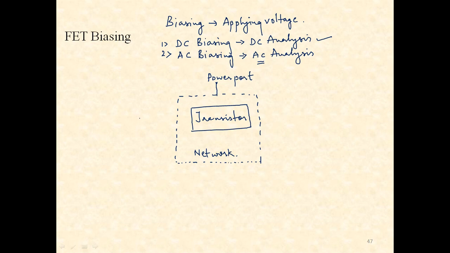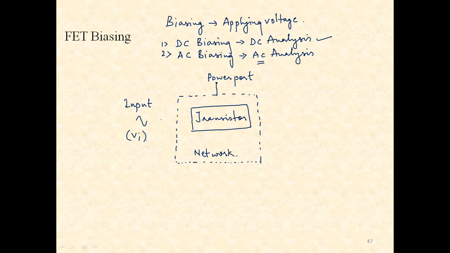And usually there will be an input signal. The input could be fixed or it could be a varying signal. Usually the input is a varying sinusoidal signal. Let us just call it input Vi.